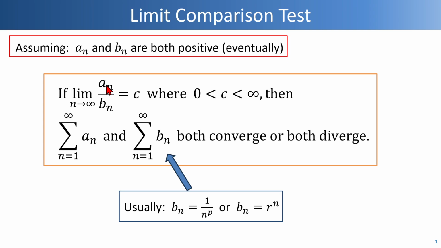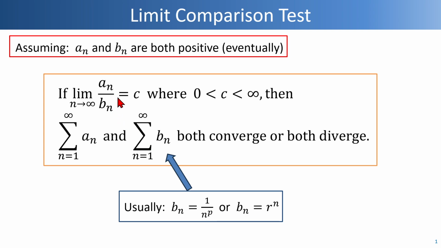So the basic idea behind this comparison test is that we're trying to decide whether the terms are decreasing fast enough towards 0 for the series to converge or not. So say we had 1 over n squared as our series Bn, those terms do decrease fast enough that that series converges.